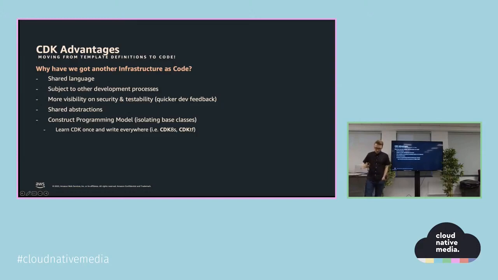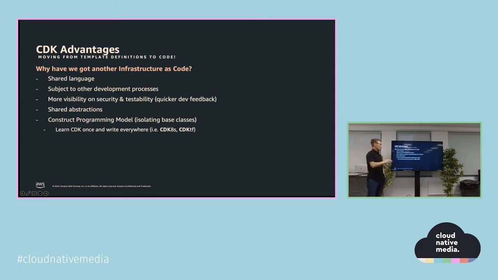And one thing about CDK is that it's based on something called the construct programming model. And what essentially we've done in AWS is we've isolated those base classes for CDK, and they are available as an open source project themselves, and they are actually available for third parties to come in and use them. And we then kind of move into a place where it literally is learn CDK once and write it everywhere.